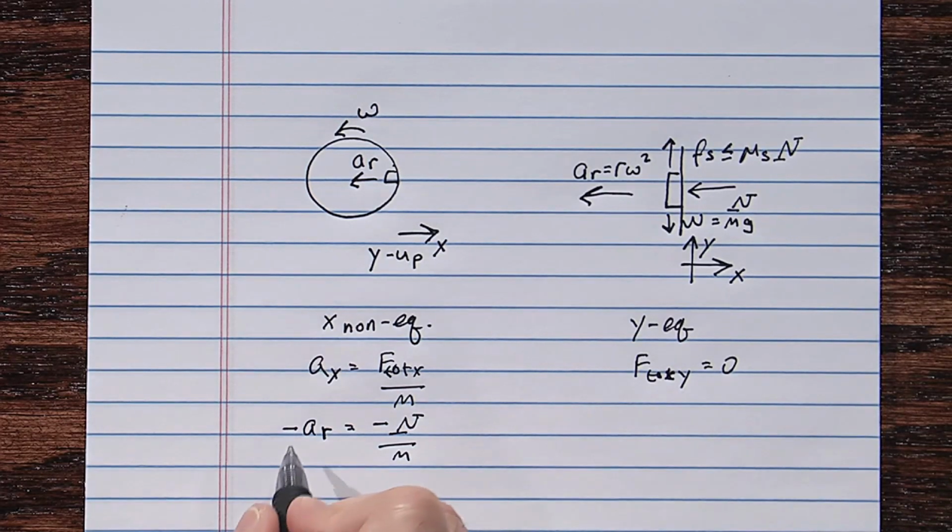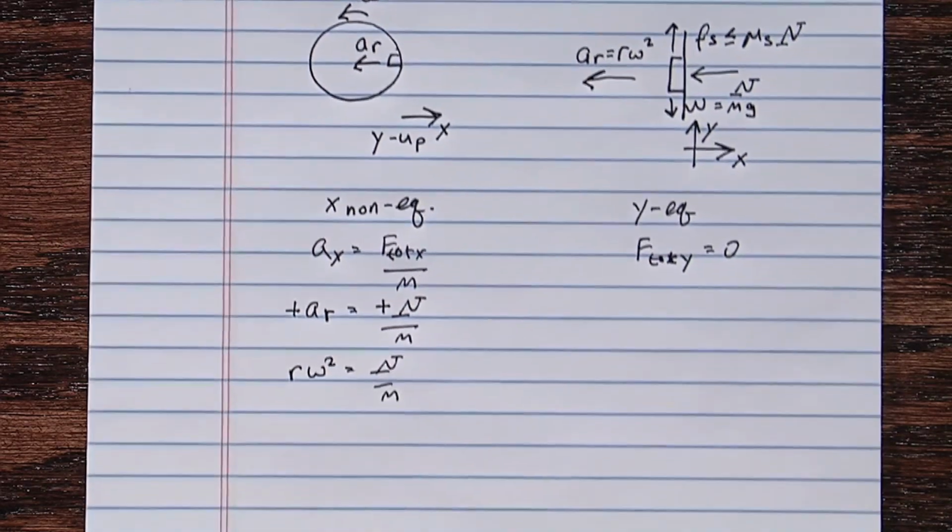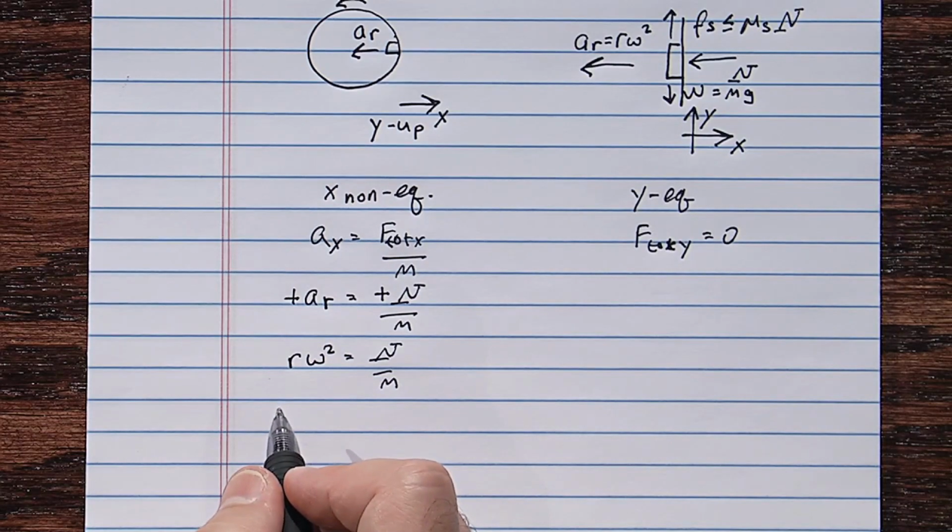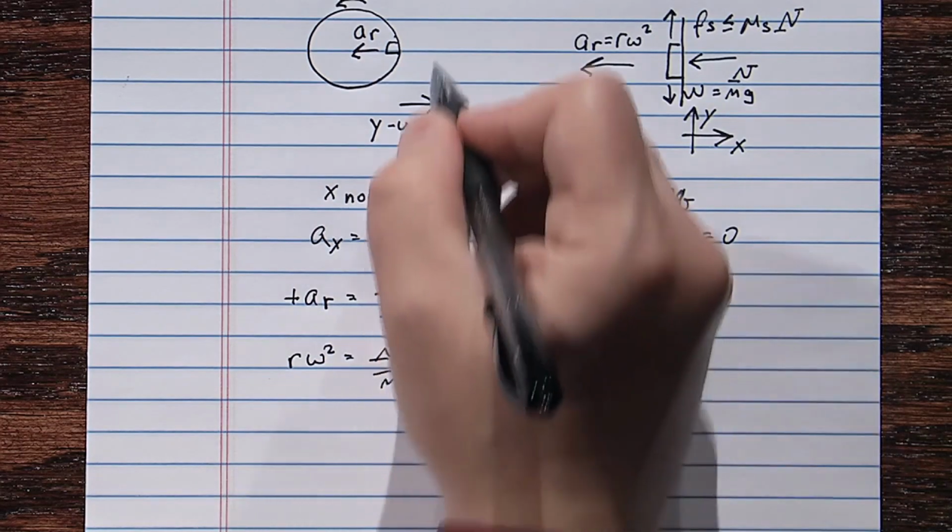I'll multiply both of these sides by -1 to make those both positive. The radial acceleration, r times omega squared, is equal to the normal force divided by the mass. And the radius of the ride we do know.